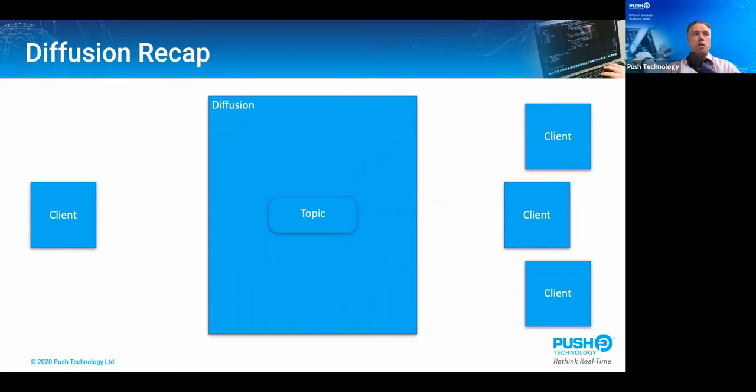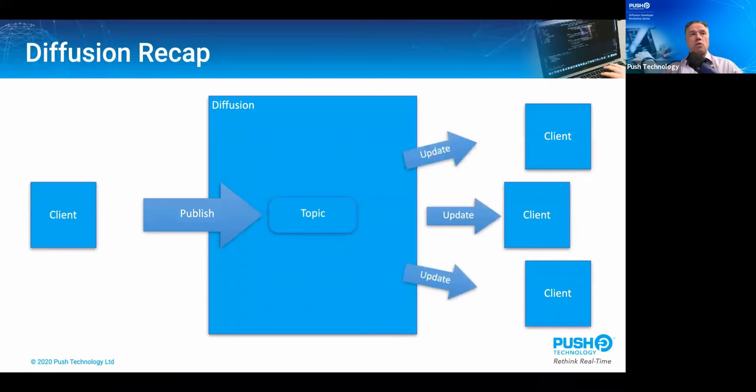When data is published to a topic, the Diffusion server pushes an update out to all of the subscribed clients. The notable feature of this communication pattern is that clients do not directly communicate, but instead via a piece of state held on the server, the topic. Also, for typically one publisher, there can be many subscribers. This is a one-to-many communication pattern.